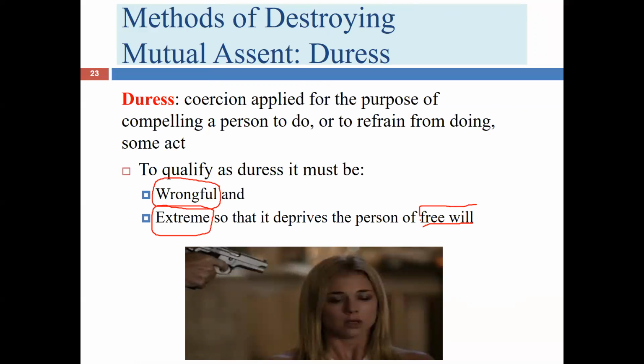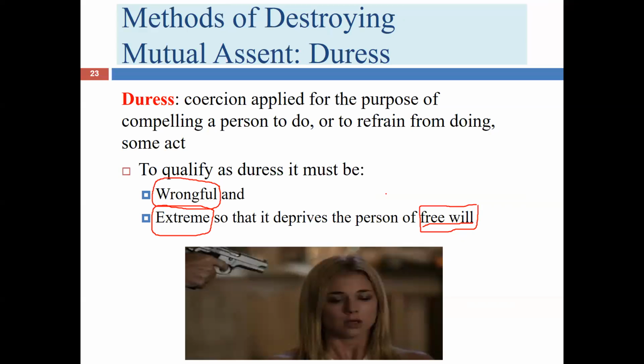When we consider the concept of free will, it's kind of an interesting idea. It has religious connotations to it, perhaps, but it also has legal and philosophical connotations. There's a lot of discussion out there in philosophy about whether any of us have free will, but let's not get too philosophical in this area.